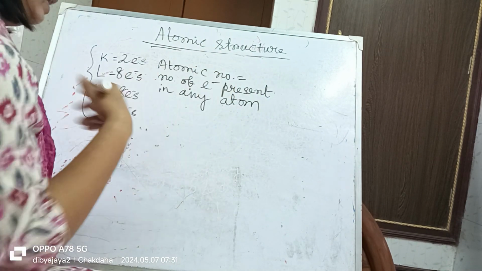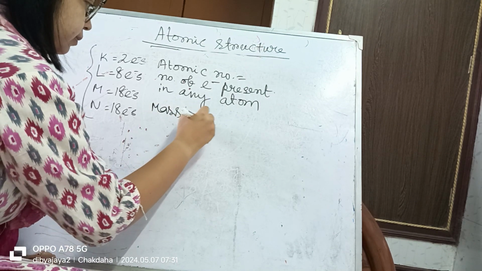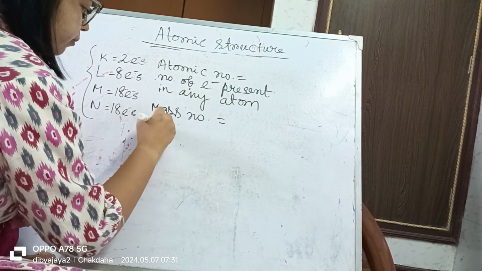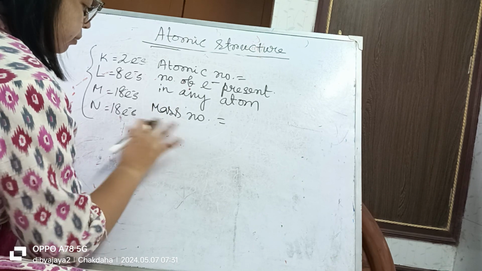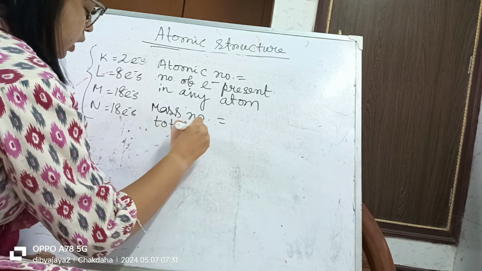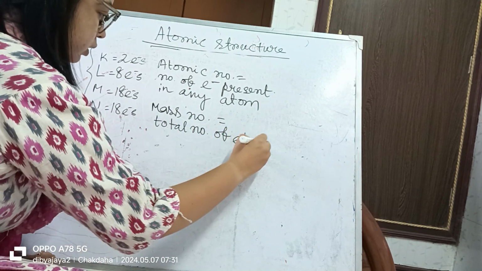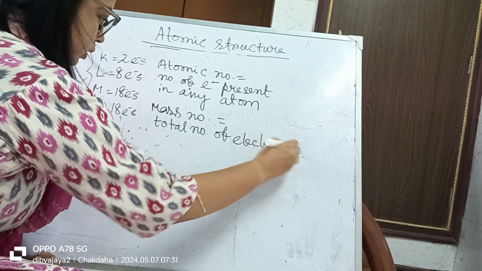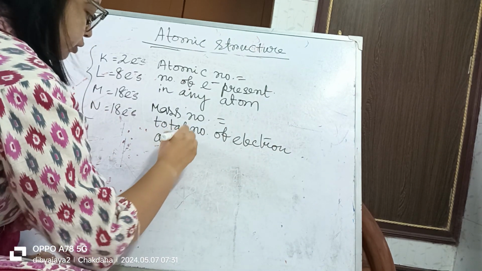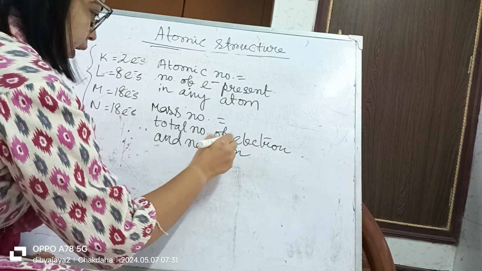And mass number is the total number of electrons and neutrons.